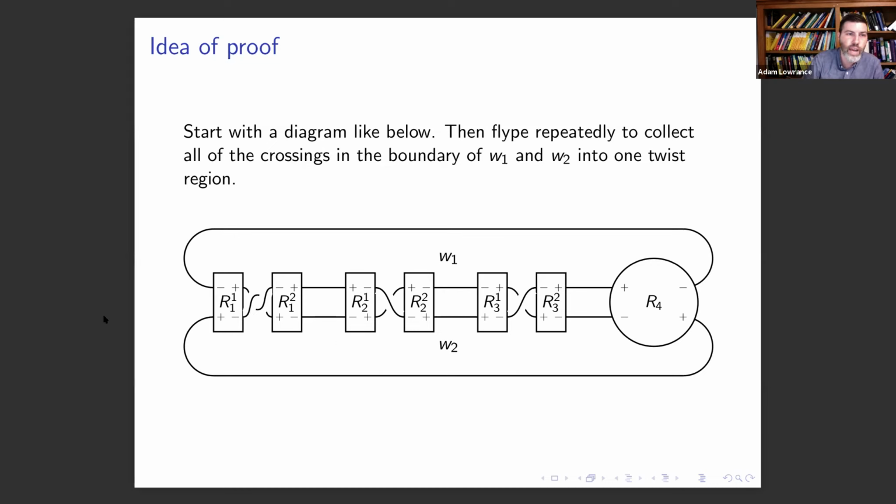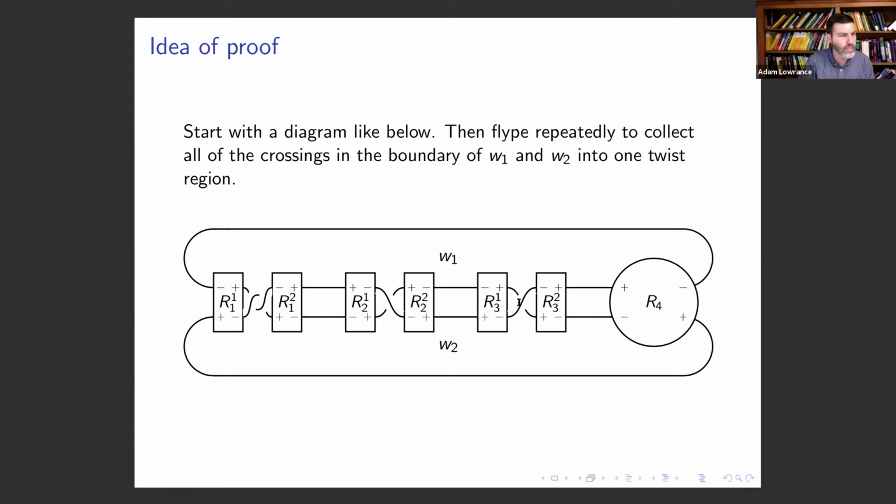Essentially his proof is that the only way this picture can fail to be semi-adequate after doing some reductions is if, after the reductions, it looks like an almost alternating diagram. So what do I mean by those reductions? Well, the first thing we do is flype everything so that all of these crossings that I have drawn come together into one region at the very beginning.